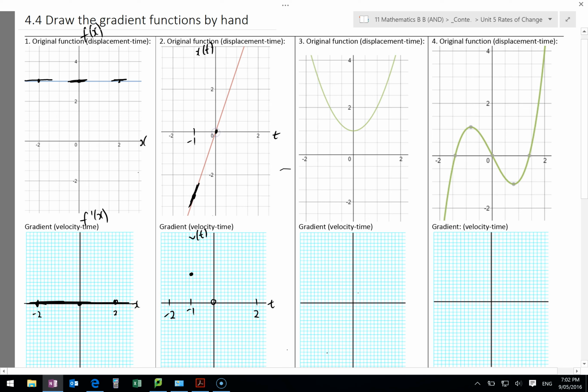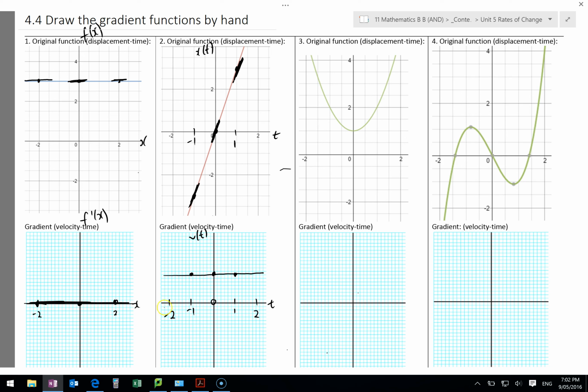At 0, same thing, mark a point, draw the tangent. Hey, it's that same positive value. So I'll put that same positive value there. And again, I don't get all the way to 2, but I can go to t equals 1. What's the slope here? It's that same value again. So those 3 points, we'll be able to connect them together. Okay, and that will be our gradient function, showing the gradient at any point.